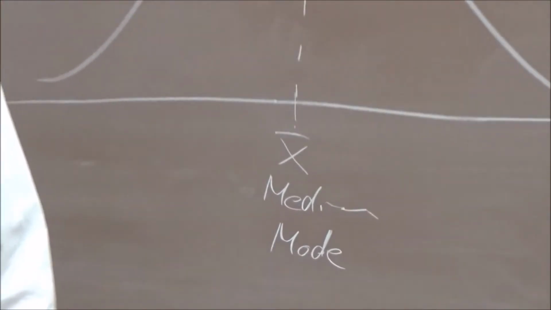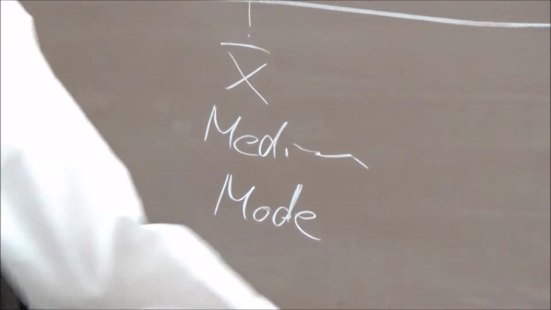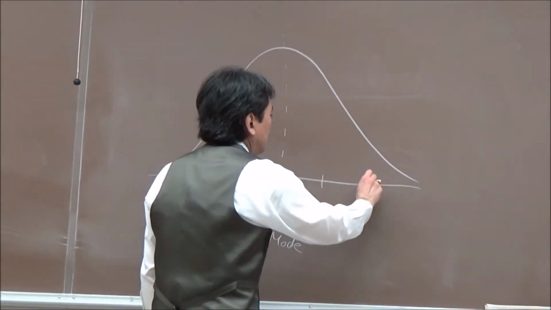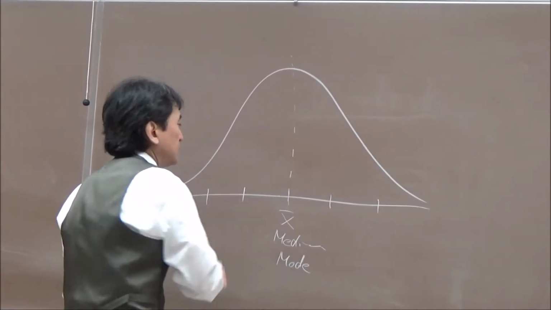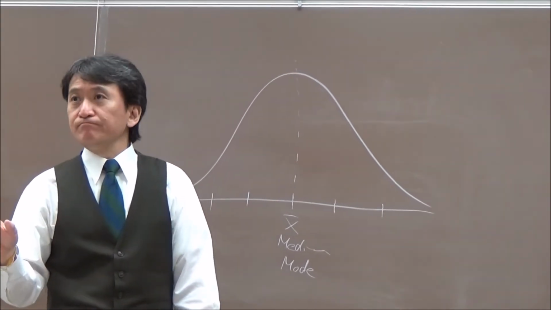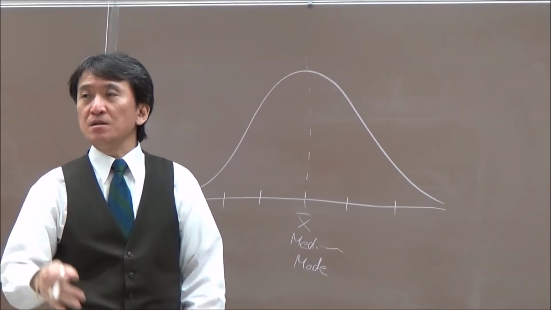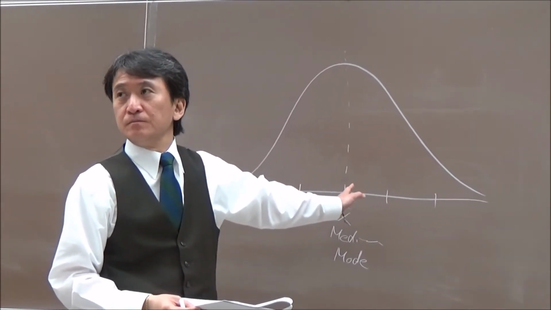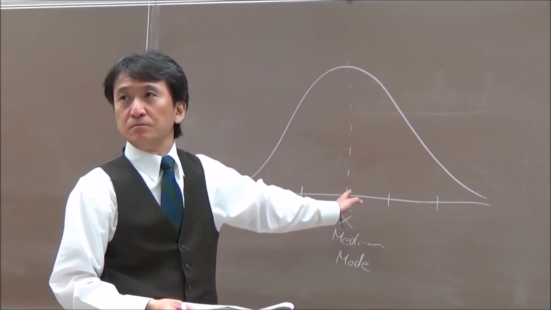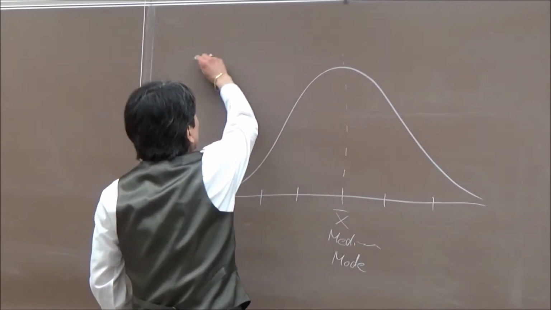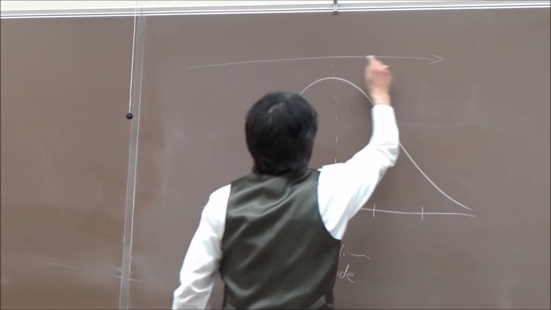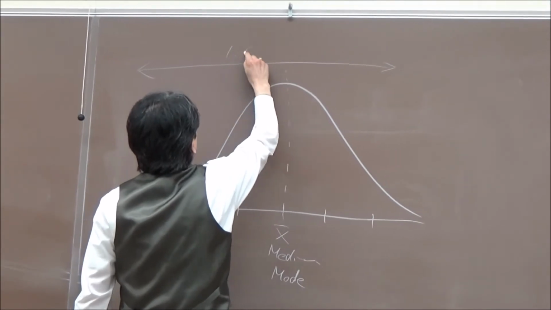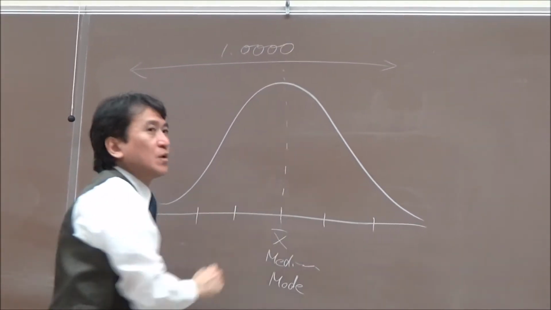Third characteristic, okay? We know the percentage or proportion of cases that will fall under a certain range. The entire curve is 100%.